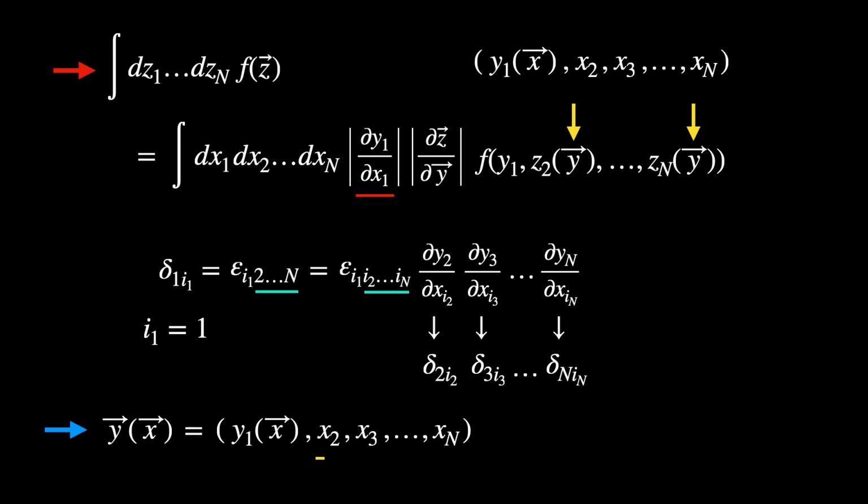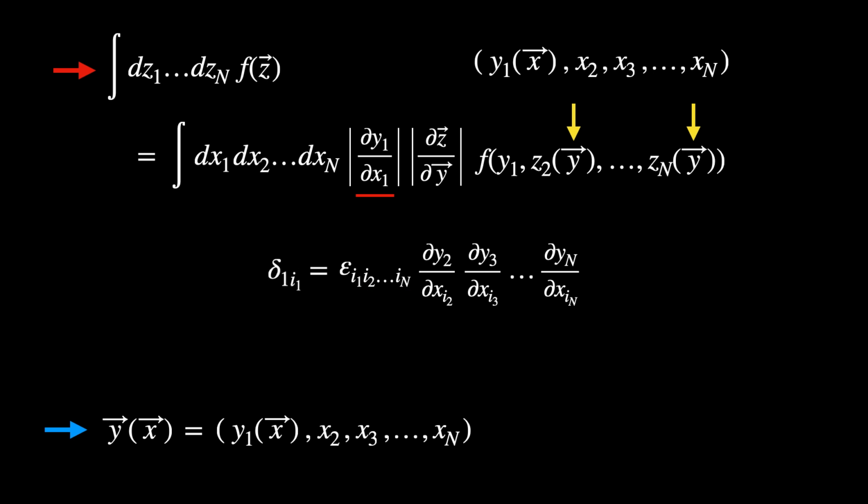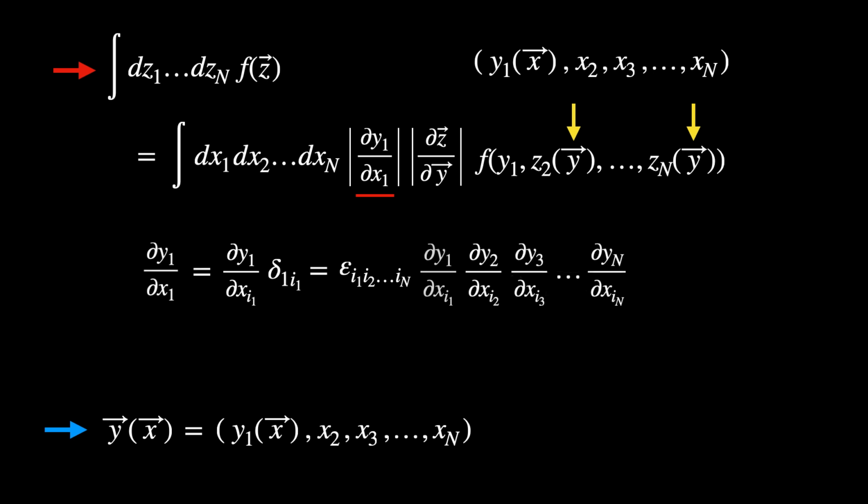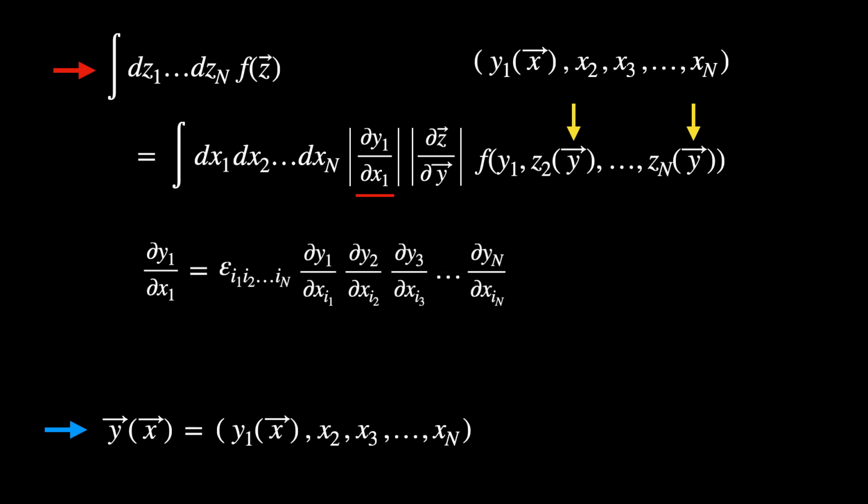This is according to the map below. Now we can use this delta symbol to pick out the derivative partial y1 partial x1 out of a sum. But this is the Jacobian we are looking for.